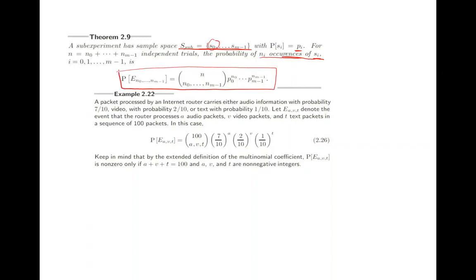Okay? And we show this using an example. A packet processed by an internet router carries either audio information with probability 7/10. So let's say audio with probability 7/10.